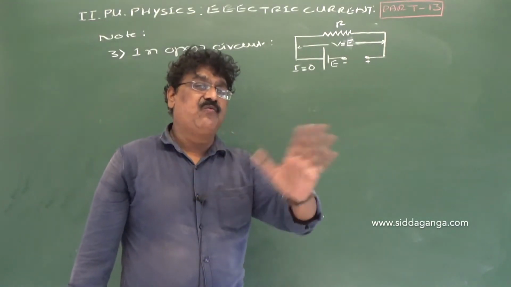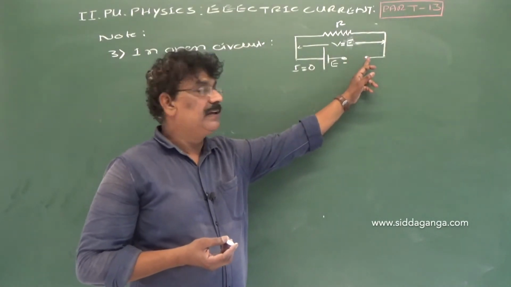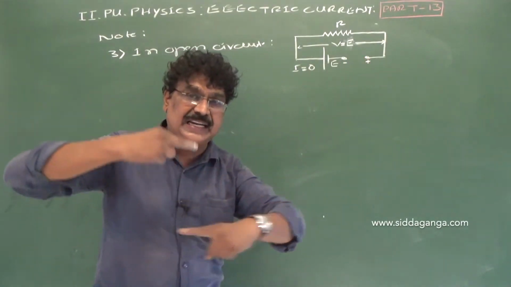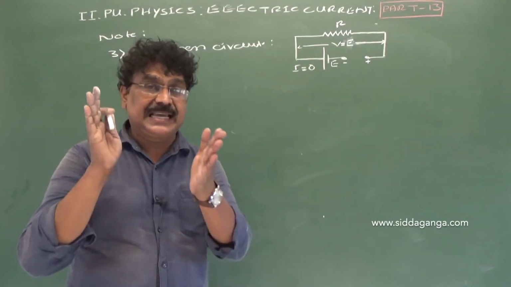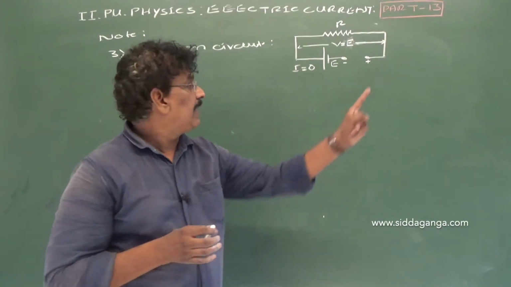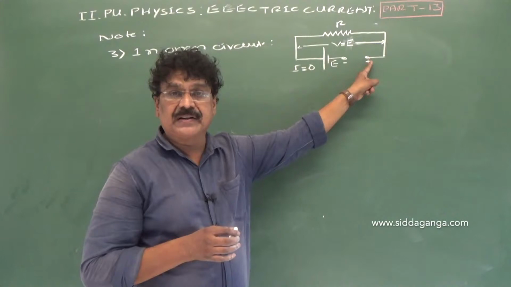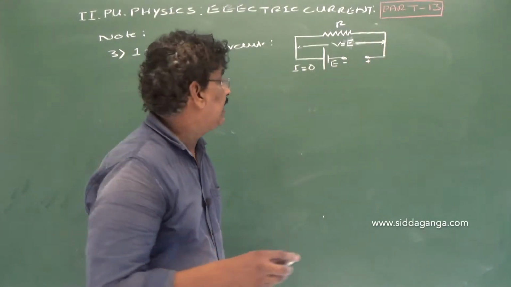Why is there no flow of current? It is because there is no conducting path. The second condition is not satisfied. Potential difference is there, but there is no conducting path between these 2 points. That means there is an insulator.